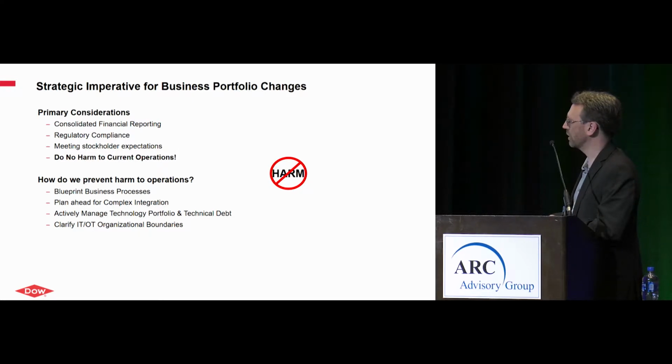But from an IT perspective, consolidated financial reporting is kind of the first thing that we have to go after and try and figure out how to bring together the finances so we can get adequate financial reporting. Then in meeting the stockholder expectations while doing that, because there's commitments to delivering value and delivering on a specific timeline.